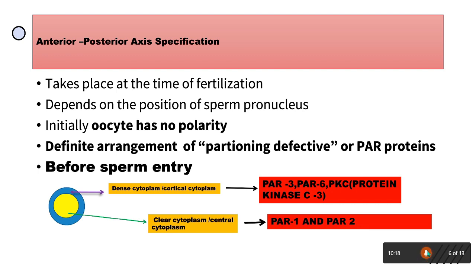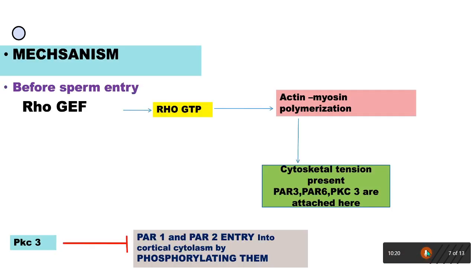How is it dealt with? Before sperm entry, Rho-GEF is converting Rho-GDP to Rho-GTP. Then actin-myosin polymerization occurs and cytoskeletal tension will be present in the cortical cytoplasm, and there the PAR3, PAR6 and PKC3 are attached. This tension keeps PAR3, PAR6 and PKC3 in the cortical cytoplasm.